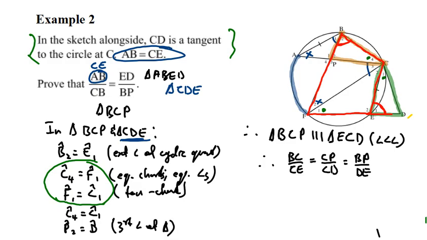If you look at your actual question, what you are supposed to prove, there's no CE featuring there. So we have to say that CE is actually equal to AB. This was freely given, so that's our justification, which means where we see a CE, we can write an AB. So therefore, my ratios will be the following.